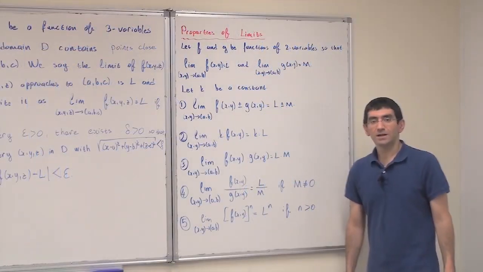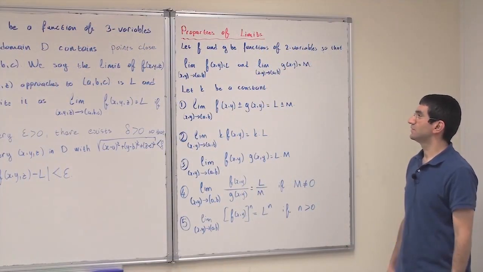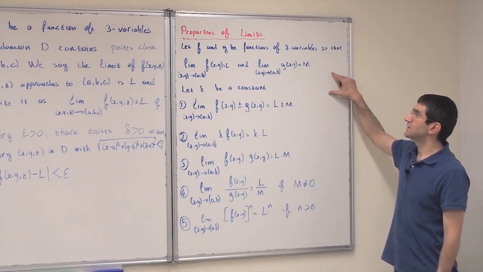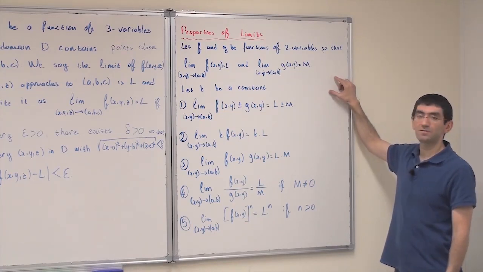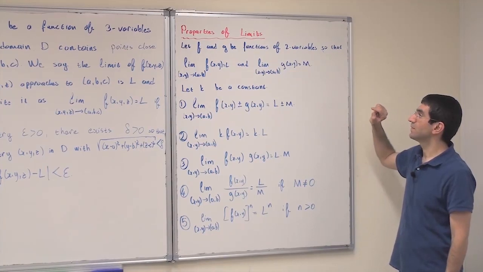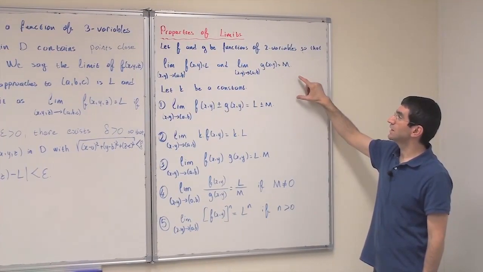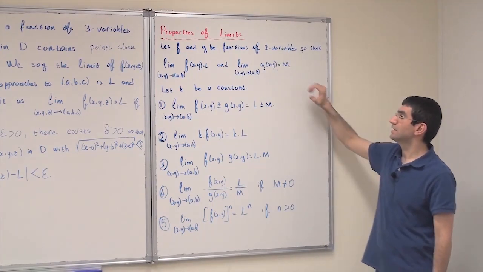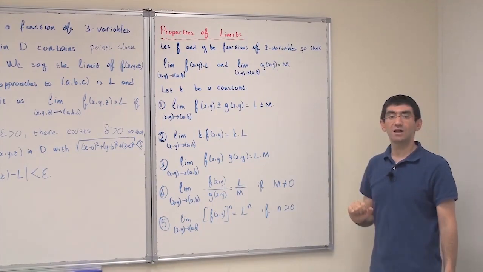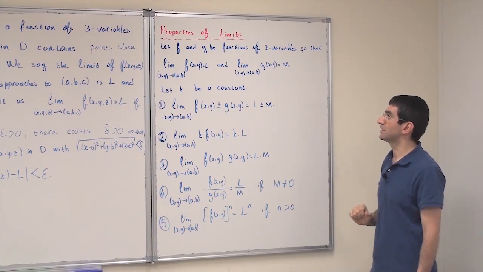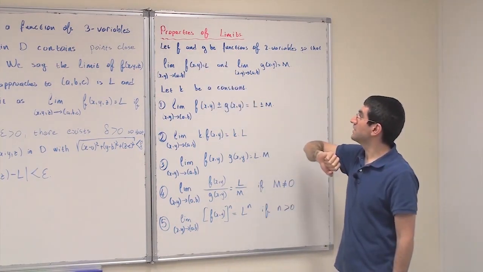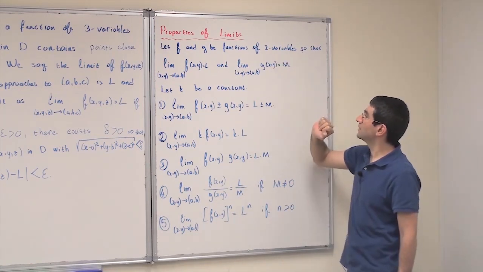Okay, now let's talk about some properties of limits. Here you are familiar with these properties from functions of single variables, and I'm going to explain these properties for only functions of 2 variables, and they easily generalize to functions of 3 variables. So here we take 2 functions f and g with 2 variables.